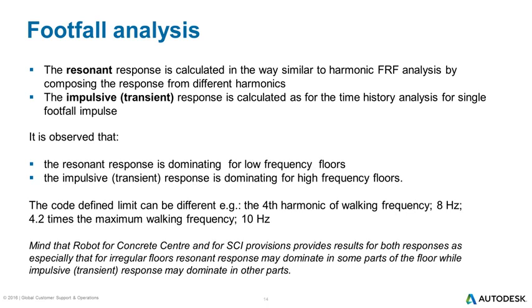The former usually dominates for low-frequency floors, whereas the latter for the high-frequency ones. As you can see, the code sets the limit value in different ways, and it is worth noting that different responses may dominate in different parts of the same floor.